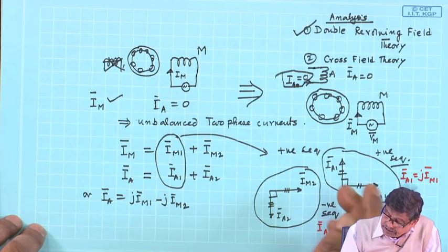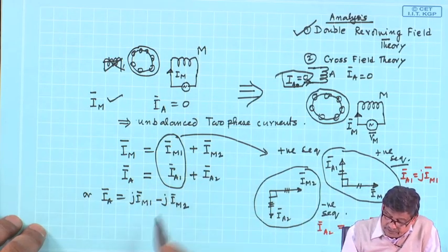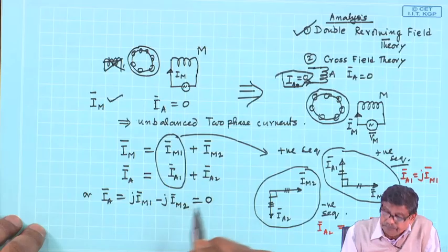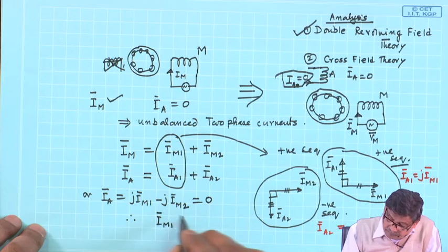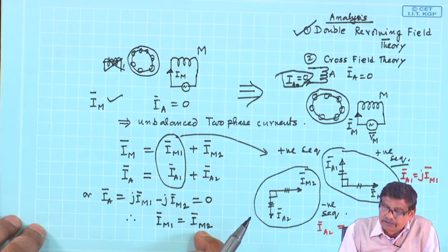Now, these two currents, and this I A is 0, which means that I m1 will be equal to I m2. The magnitude of positive sequence and negative sequence will be the same.